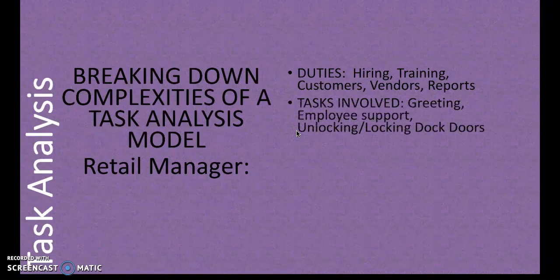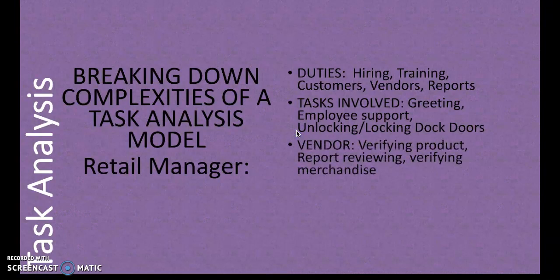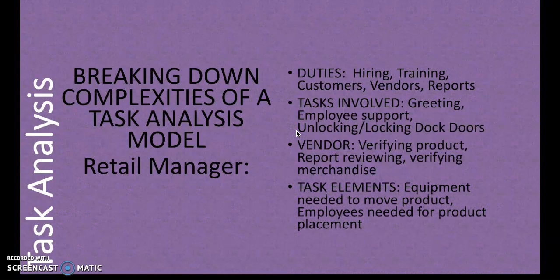The tasks involved include greeting customers, employee support, locking and unlocking dock doors. Contacts with the vendors include making initial contact, reviewing reports, and verifying merchandise. Task elements include identifying equipment needed to move product and the employees needed for product placement.